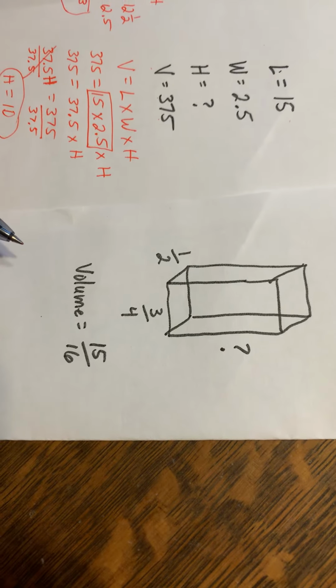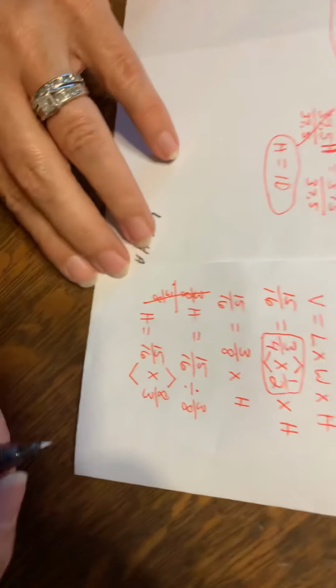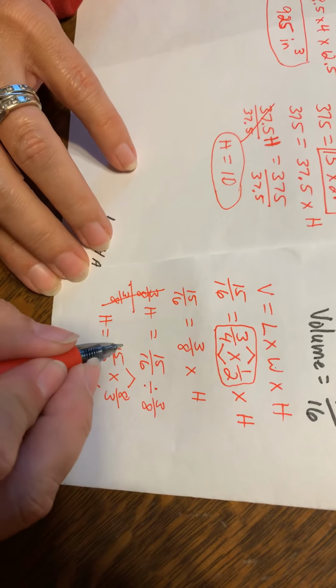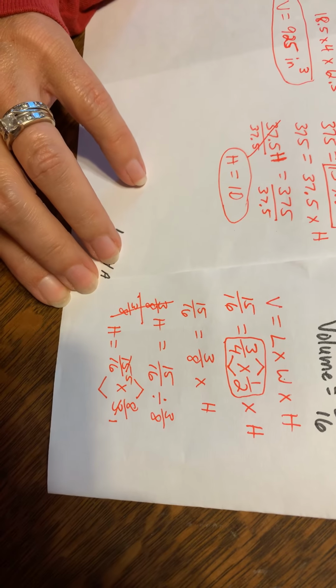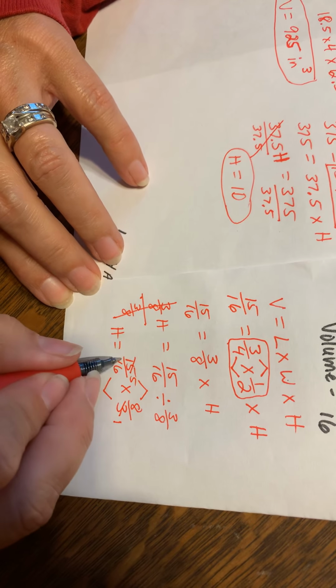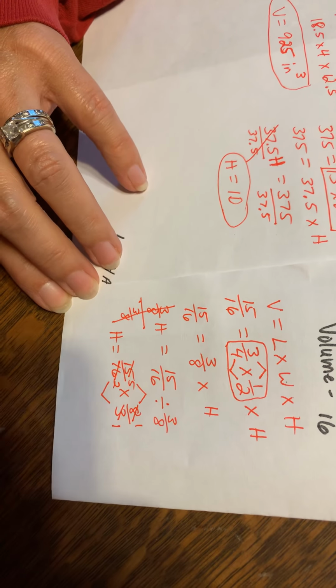Now you can multiply top times top, bottom times bottom, or you can go ahead and cross cancel. So if I cross cancel, I know I can cancel the 15 and the 3 out by dividing by 3. And I can cancel the 16 and the 8 out, dividing by 8.